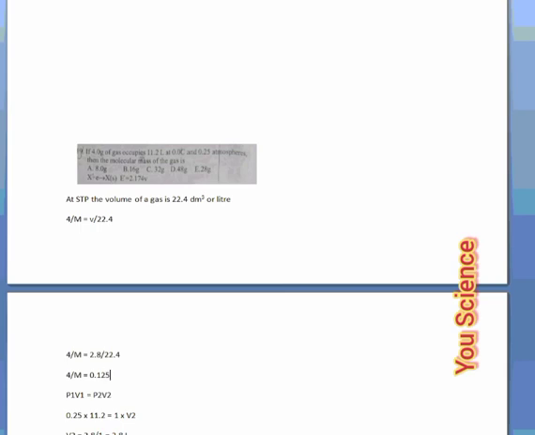Making m the subject of the formula, m is equal to 4 divided by 0.125, and that is going to give us 32 grams. So if you look at the options, option C is the correct answer.